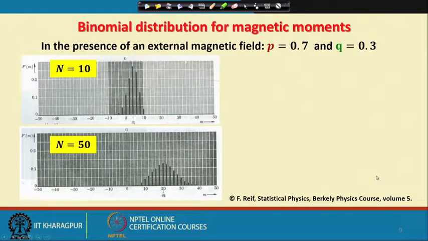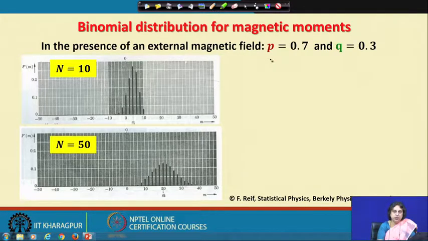Now, with this idea in mind, let us compare the two cases where, in the presence of an external magnetic field, P is not equal to Q. In one case n is equal to 10, that is, there are a total of 10 spin-half particles present, and here I have another case where 50 spin-half particles are present.